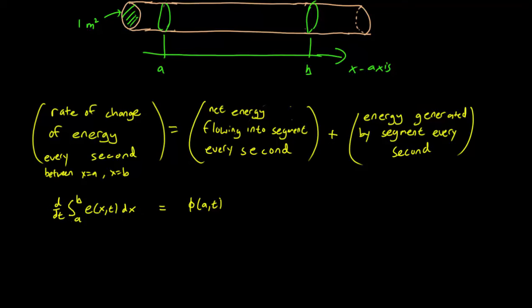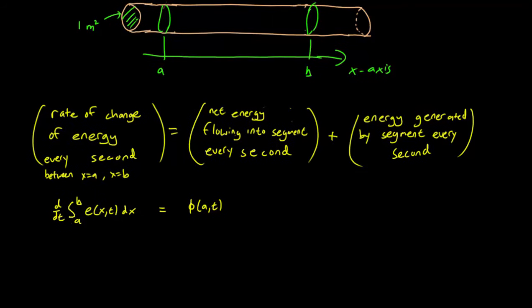So this tells us the energy that's coming in or leaving from the left boundary of the segment. We also have to consider the energy leaving or entering from the right boundary of the segment. And this is going to be minus phi of b, t.